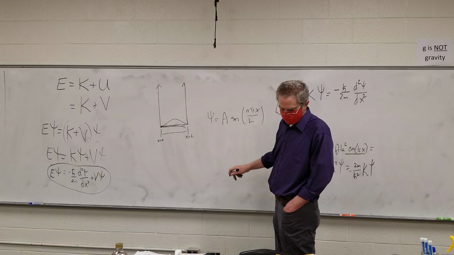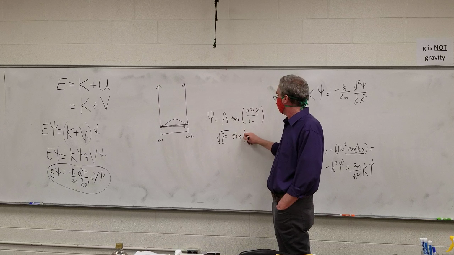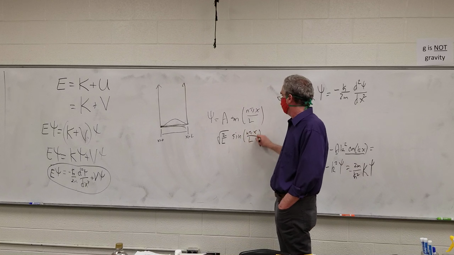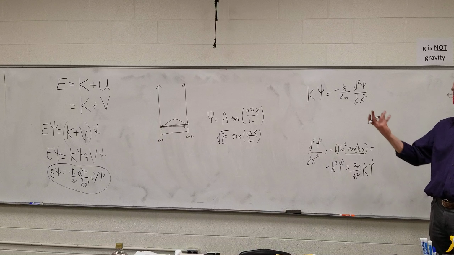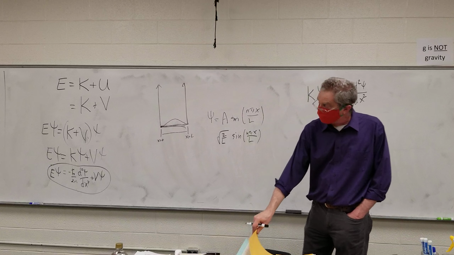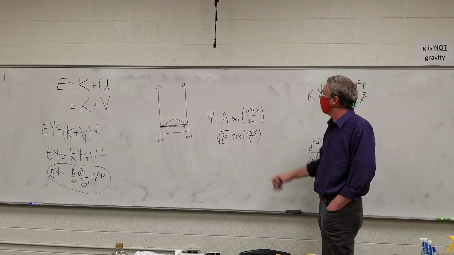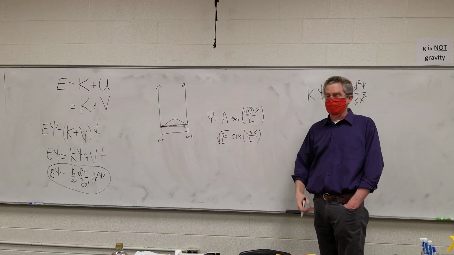A, as it turns out, is equal to the square root of 2 over L. And so we now have something that can describe a particle in an infinite square well. From this, we can also come up with energies based upon this letter n. When n is equal to 1, 2, 3, and so on, we can start getting energy levels.